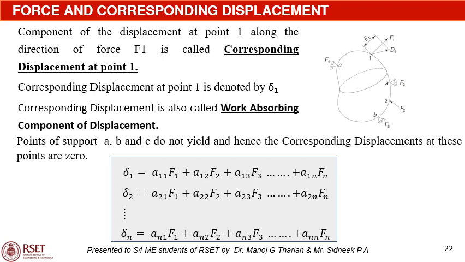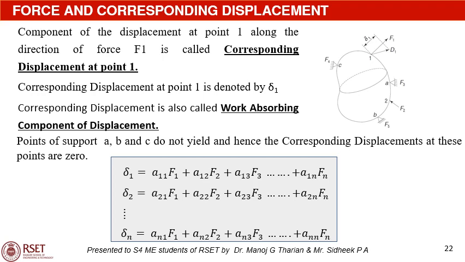Thus, the corresponding displacement at any point where a force is acting is the component of the resultant displacement at that point along the direction of the application of the force.